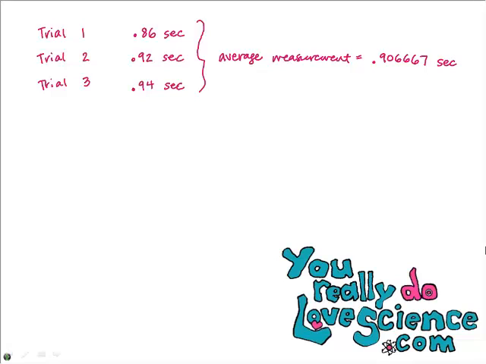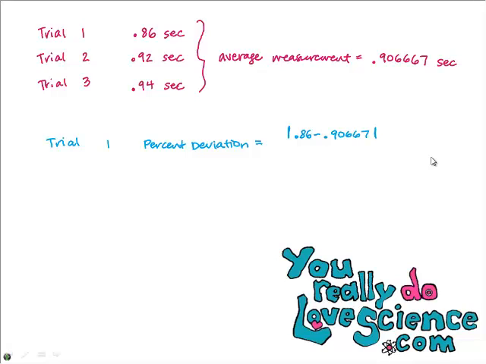So for trial 1, the percent deviation, meaning how far off it was from your average measurement, is going to be the difference between 0.86 and the average, which is 0.90667. It doesn't matter which one you put first. I could have done 0.90667 minus 0.86.